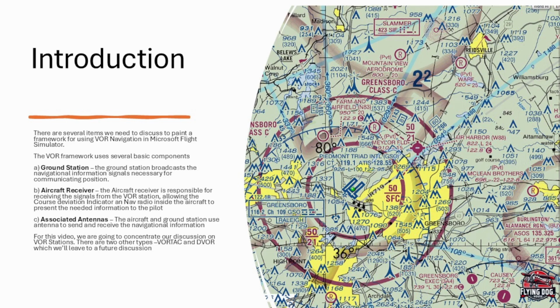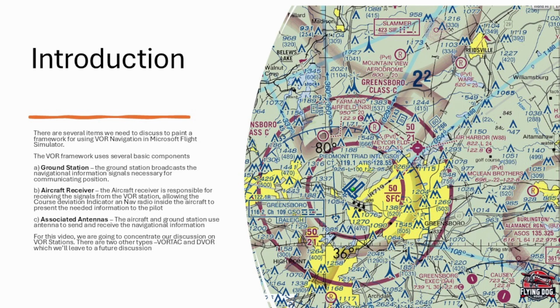There's a ground station on the ground that's broadcasting the navigational information to the aircraft. VOR is broadcasting in 360 degrees, so for every degree on the compass wheel, there is a signal being sent out away from the VOR.